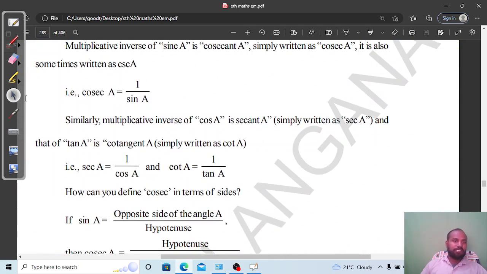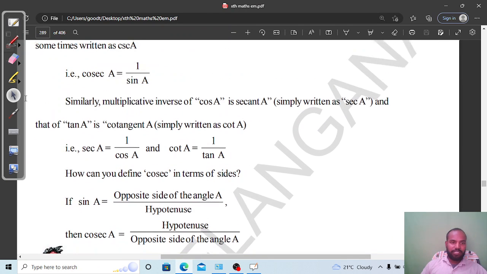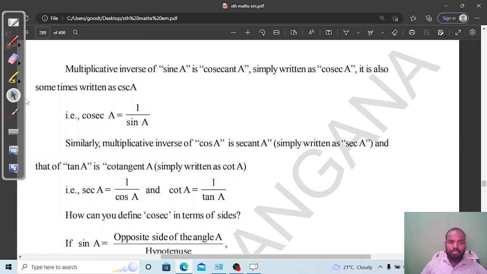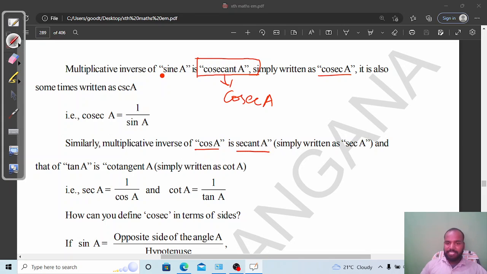What is the cosec formula? 1 by sin A. What is the sec formula? 1 by cos A. What is the cot formula? 1 by tan A. Cosec is nothing but cosecant; we shortly call it cosec A. Secant we simply write as sec.